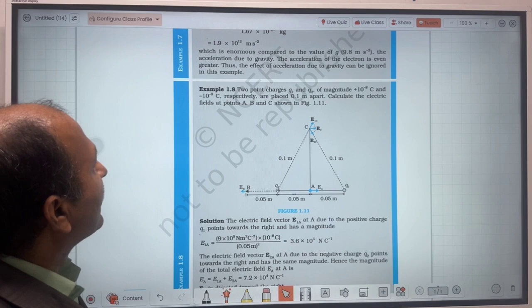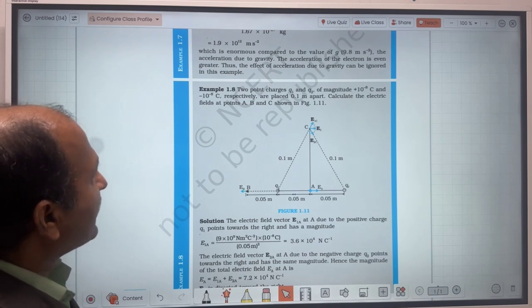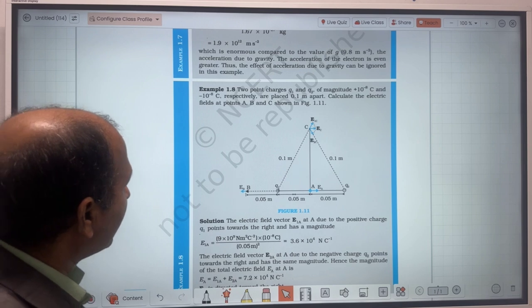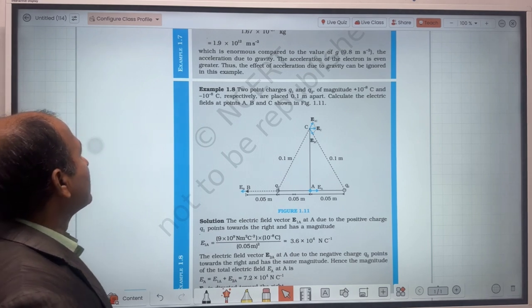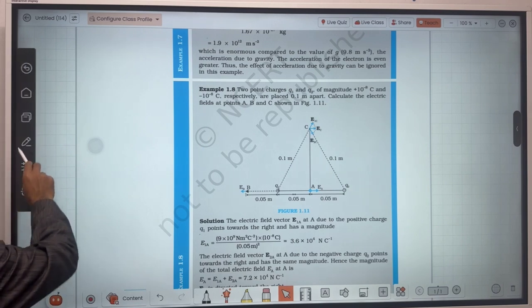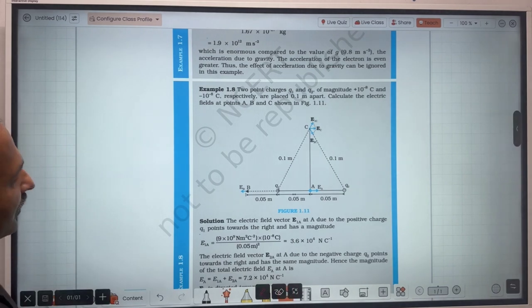Calculate the electric field at point A, at point B and at point C. This is a little tricky question, but you can do it. It's not tough at all.